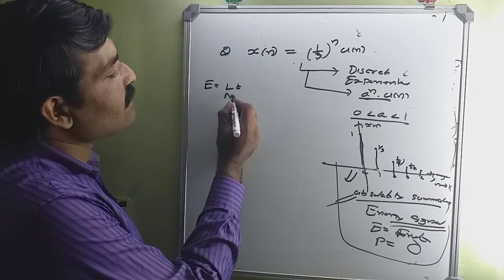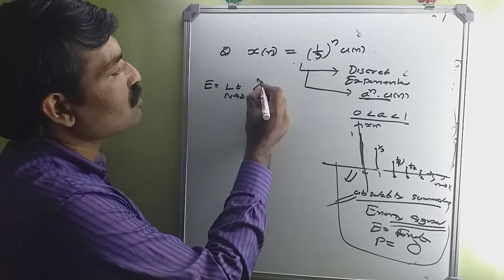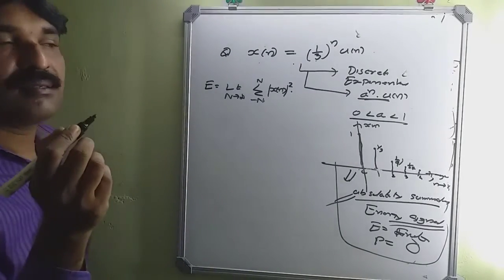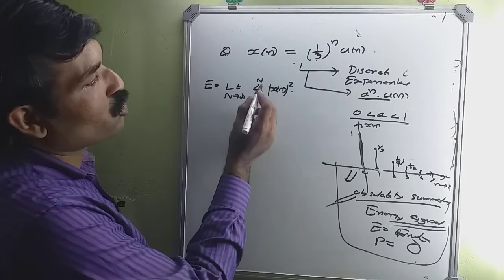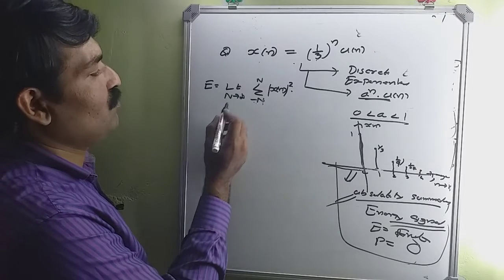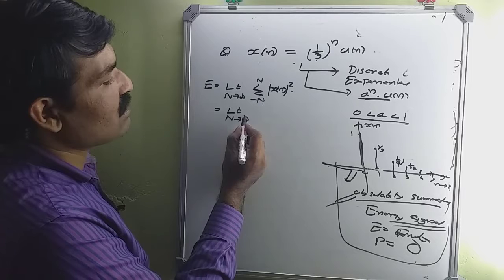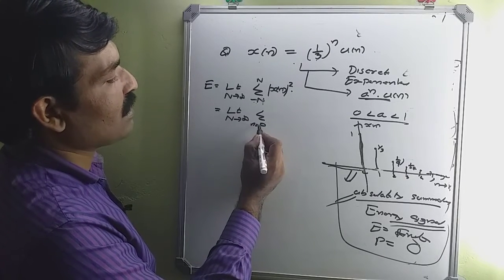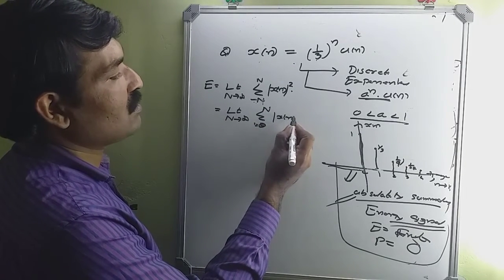E is equal to limit n tends to infinity summation from minus n to n of x of n the square. Right, this is our expression. But our summation changes from 0 to n, since the value of the signal for n less than 0 is 0. So this is equal to limit n tends to infinity summation n equal to 0 to n of x of n the square.